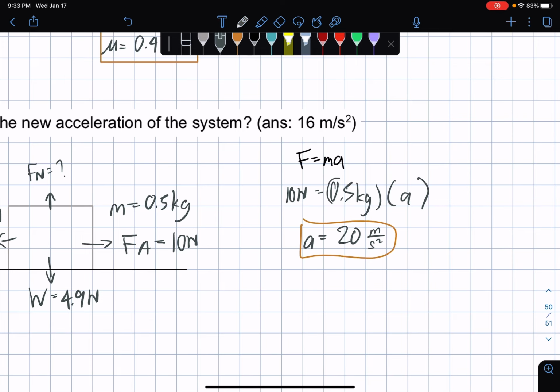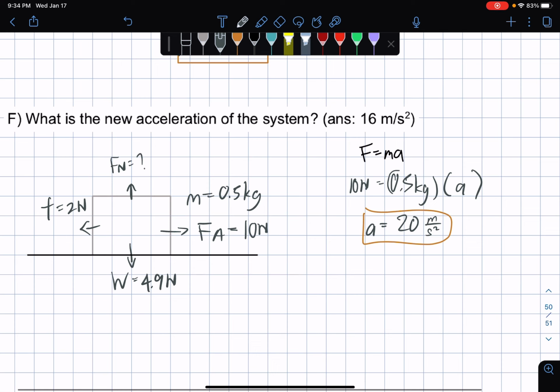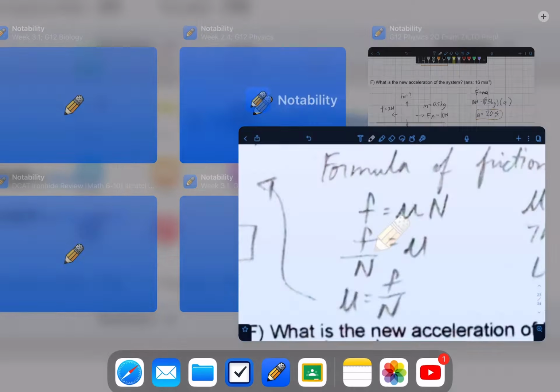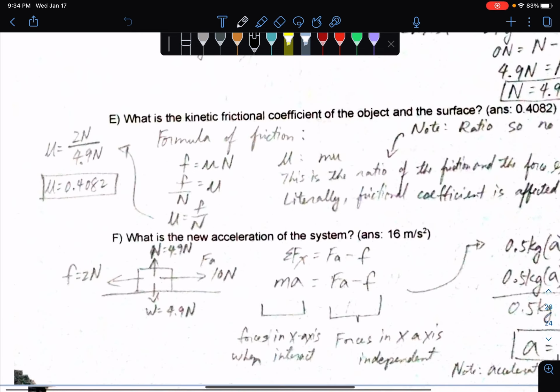Okay, we have a different answer. What would make the answer 16? Let's have some experimentation. Alright, I give up. What does the answer key say?